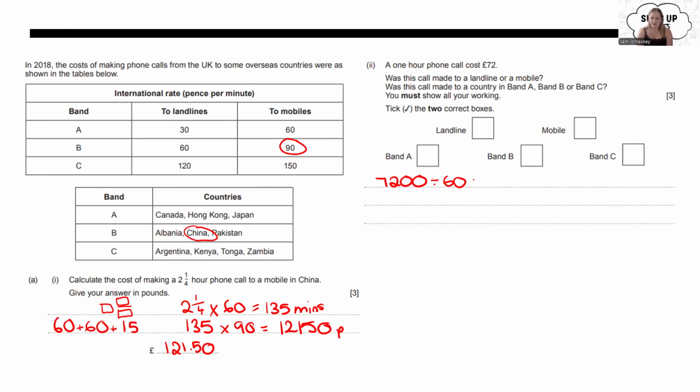So I'm going to divide them up. 720 divided by 60, and that gives us 120. Perfect. Now we got 120, so that bit's done. That's the cost. So 120 pence. Where can we see 120 pence?